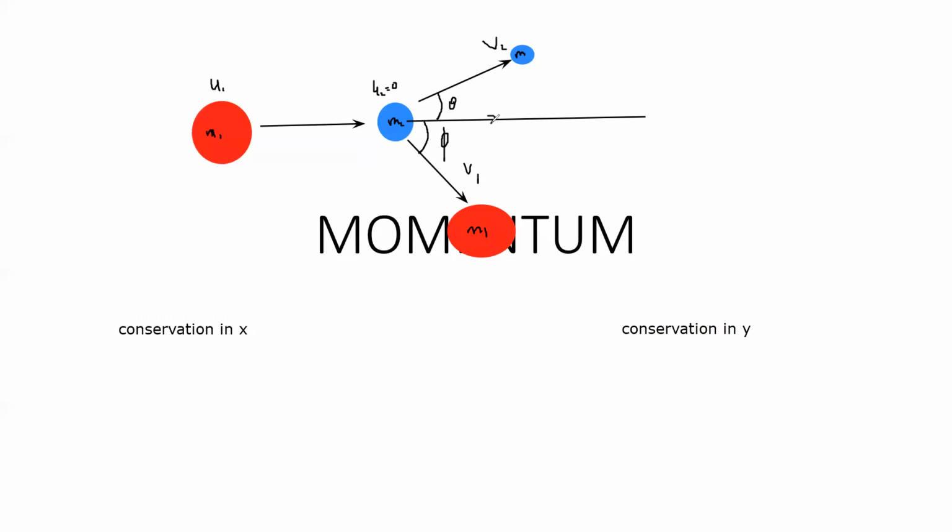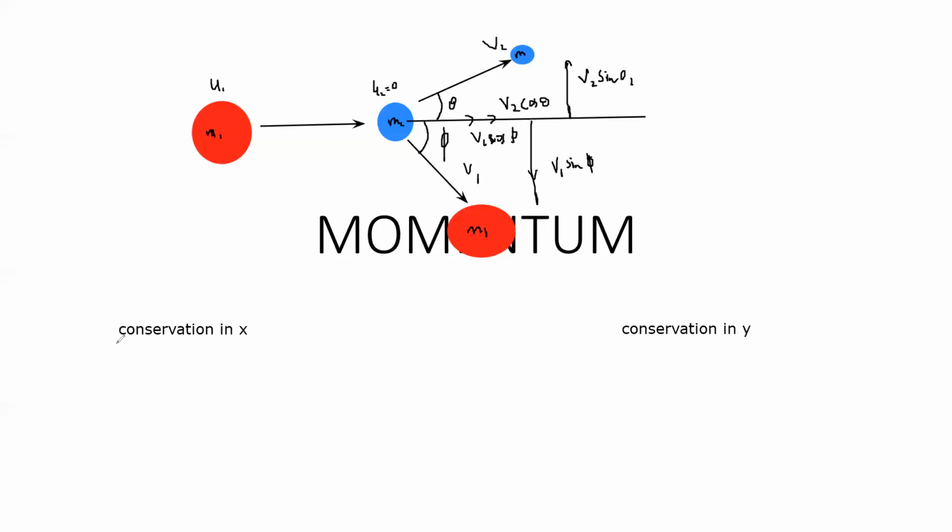For the one with the angle, it will be v2 cos theta, and against the angle, v2 sin theta. In the same way, v1 cos phi and v1 sin phi. So we resolve the velocity into vertical and horizontal components.